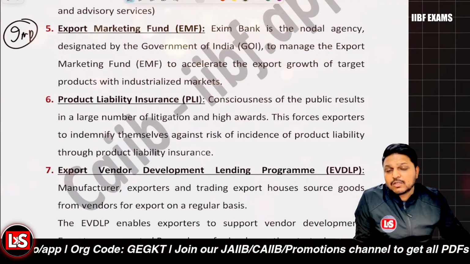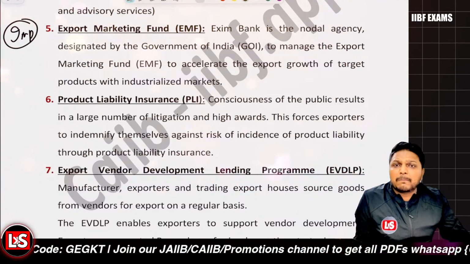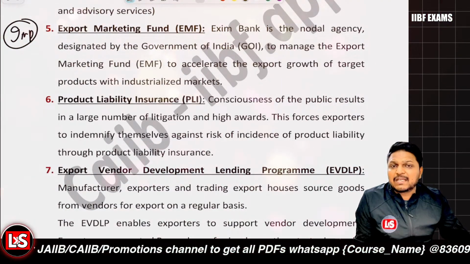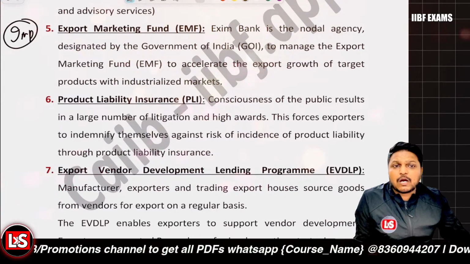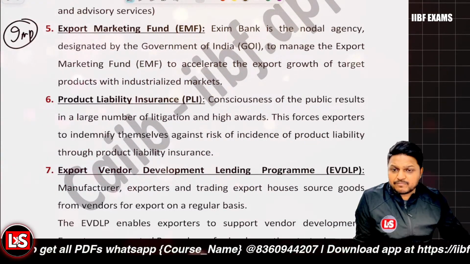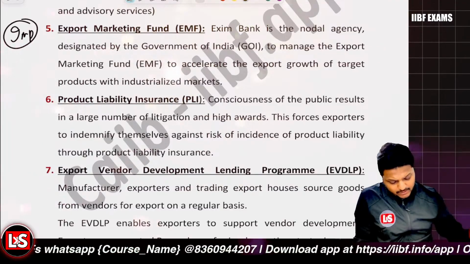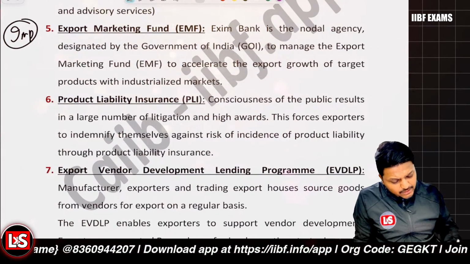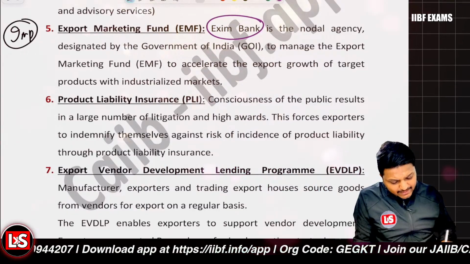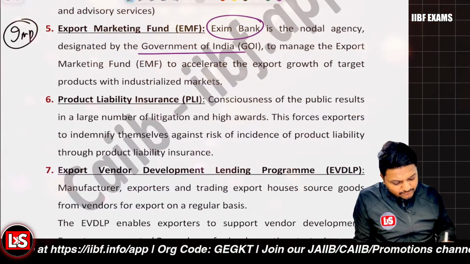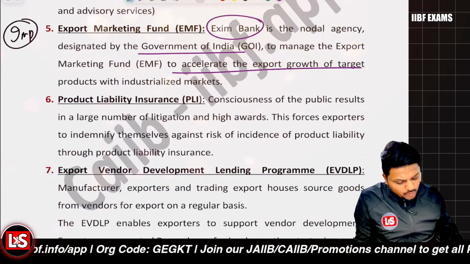So the objective is very simple: we want to provide assistance to the exporters so that they can take up marketing activities outside India and expand their presence outside India. Clear? So that's about the EMF, and the Exim Bank is the nodal agency for this. It is designated by the government of India to manage the export marketing fund to accelerate export growth. Clear?